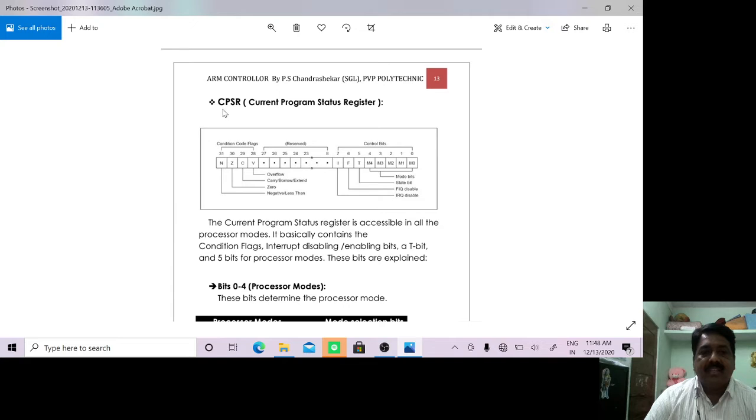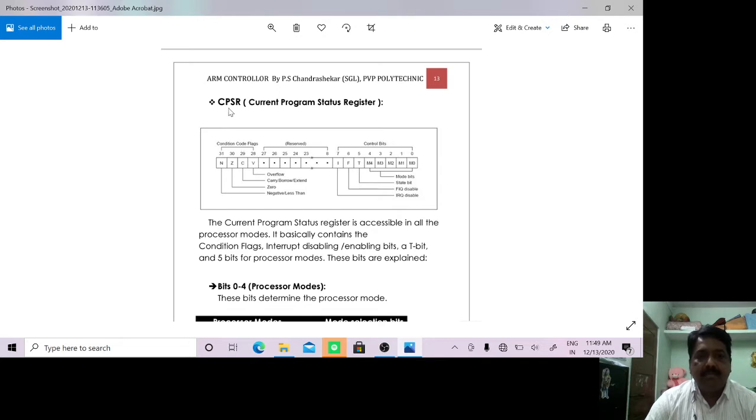It is 32 bits in size because the ARM processor supports 32-bit information. But not all 32 bits are used; only 12 bits are used, and the remaining 20 bits are reserved for future use or extension.